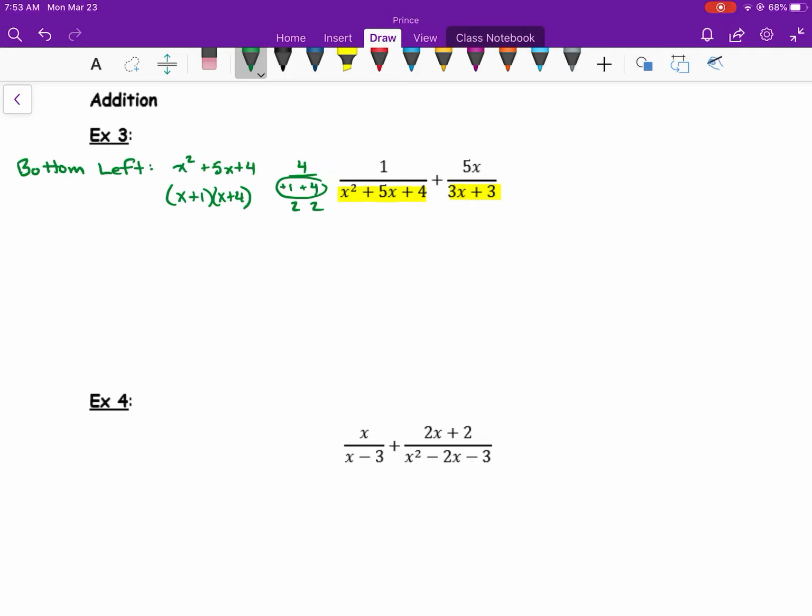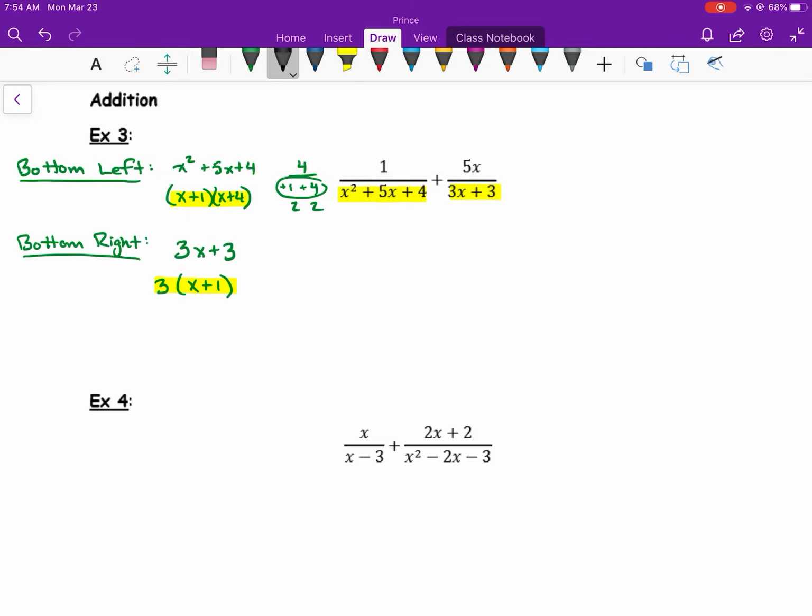Bottom left is done. Now we got to do bottom right. Nice easy one to factor, because all this has is a greatest common factor, which is 3. So I'll pull the 3 out. It becomes 3 times x plus 1. Alright, factored.